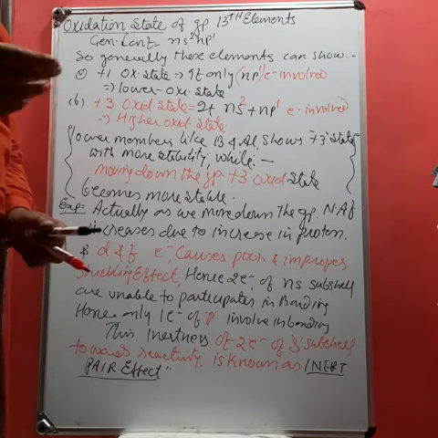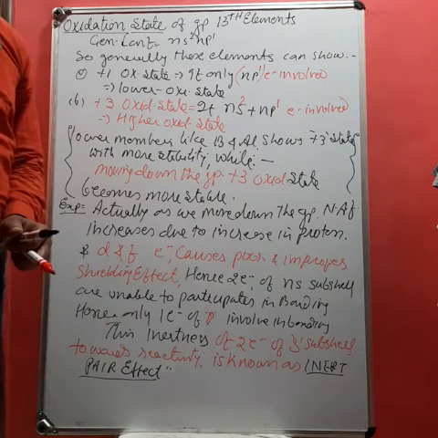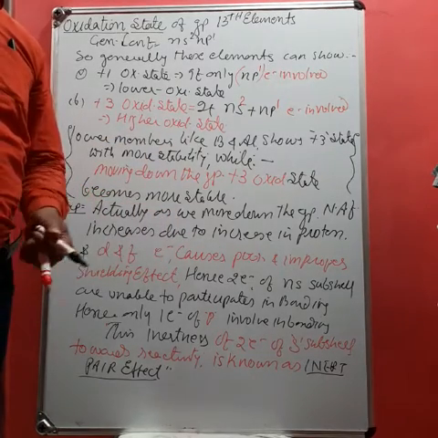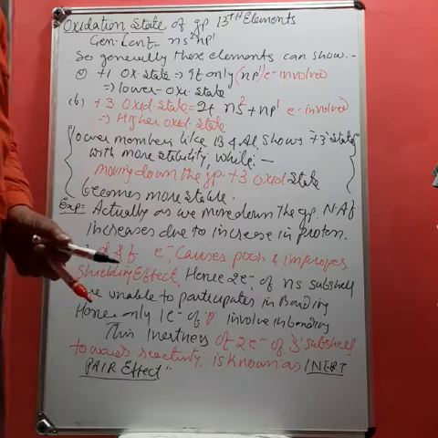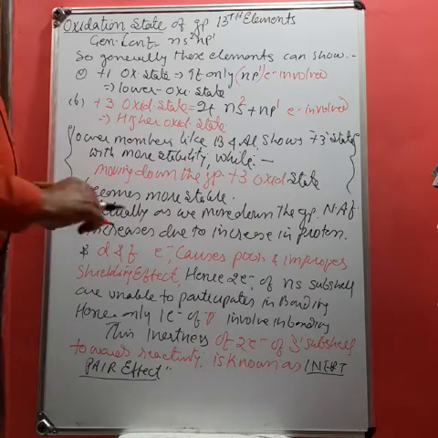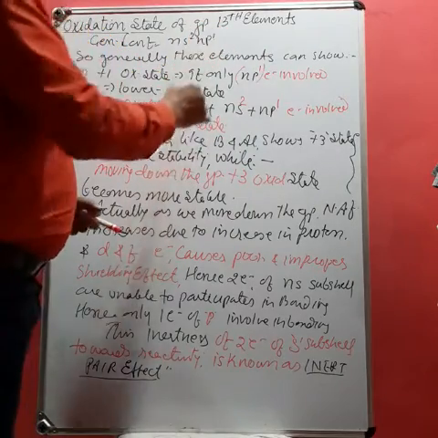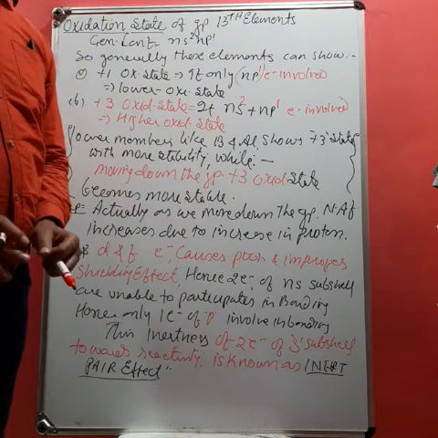Therefore, they do not show poor and improper shielding effect. That means the valence shell electrons are ready to combine and form bonds. Thus, 2 electrons plus 1 electron, these 3 electrons can be involved in bonding.